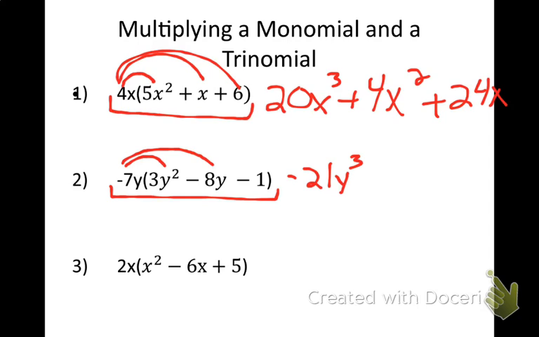Negative 7y times negative 8y. 56y squared. And then negative 7y times negative 1 is plus 7y. Nice job.